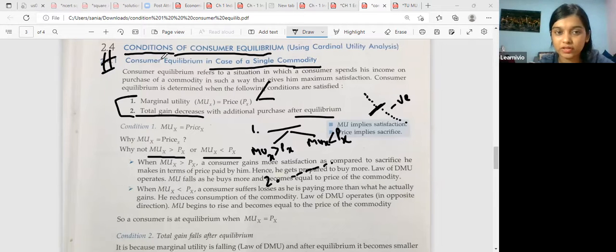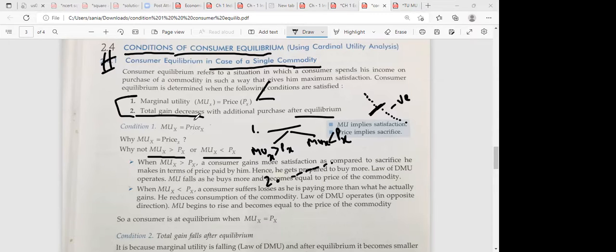No, you don't have to write the definition. First the heading, conditions of consumer equilibrium, then the first point, then dash dash, then the second condition. That's it.